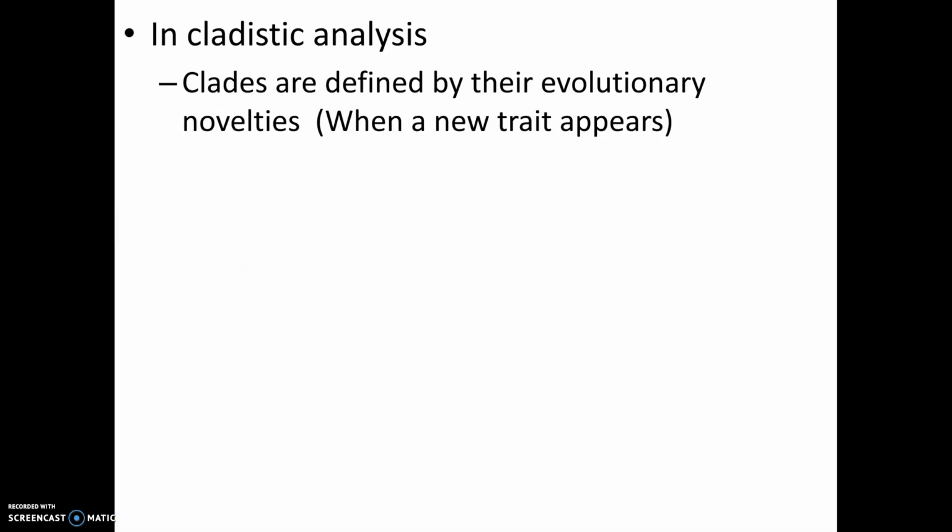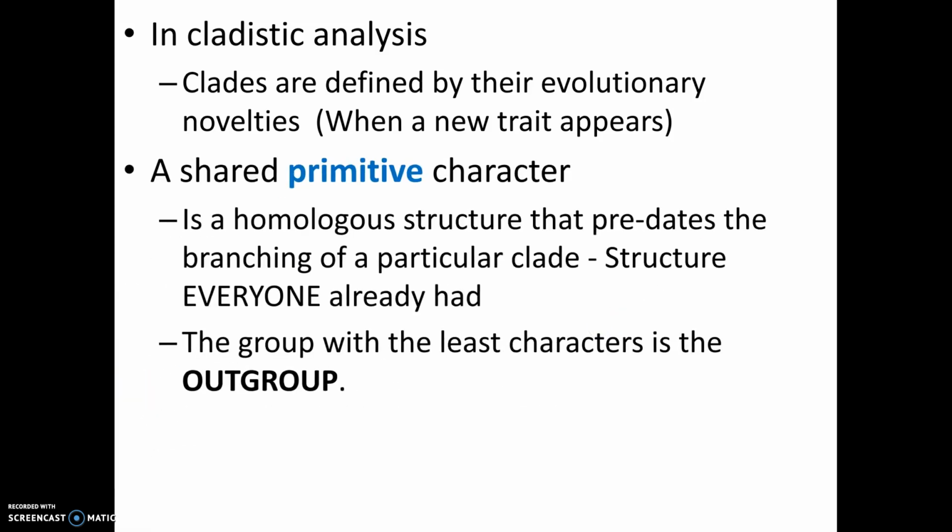Okay, so now when we're analyzing a cladogram, cladistic analysis meaning analyzing a cladogram, this is something that I guarantee you there'll be some questions about. So what we look for is the appearance of these new traits. A shared primitive characteristic or character is something that everybody already has. Sometimes a cladogram will start with a particular characteristic. The group that's first in a cladogram is called the outgroup.